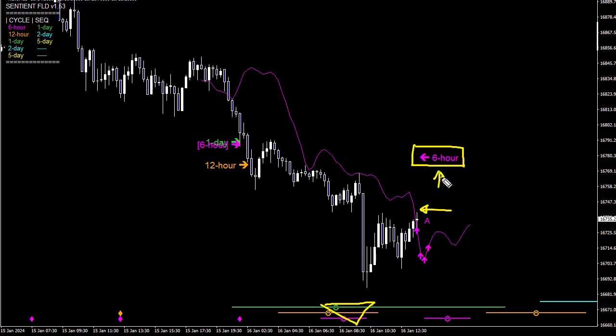If that target is present, it means that median price has crossed, and so we have a trading opportunity. Our initial trading opportunity is to enter at this level over here, hoping for price to achieve this target, the 6-hour cycle target over there. That is the definition of our trading entry.